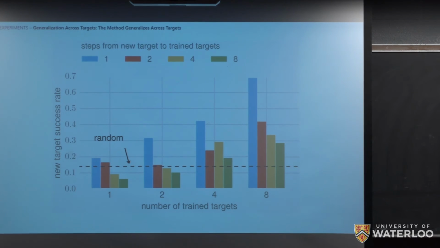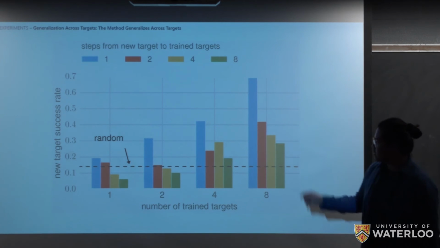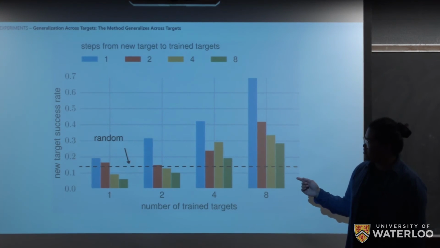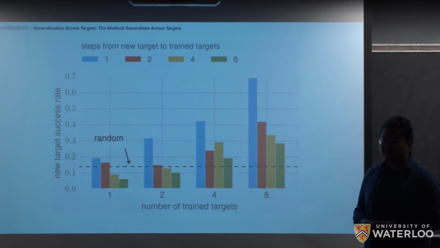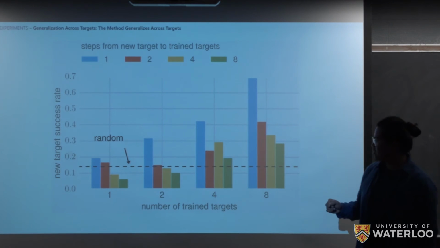So first we're going to look at how it generalizes across targets. What generalization across targets means is, if I train on a certain set of targets, and then I look at how it works on new targets, how will my algorithm work? So they introduce a new metric here called the new target success rate. That is how successfully the algorithm reaches the target in less than a threshold, which I believe was 500.